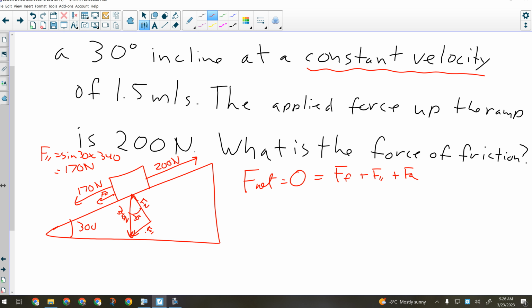Would you agree? So how big is friction? 30 newtons. That's all there is to it. We had to do two calculations. We had to calculate F parallel, and then this math we could pretty much do in our head. 200 minus 170 gives us that force of friction of 30 newtons.